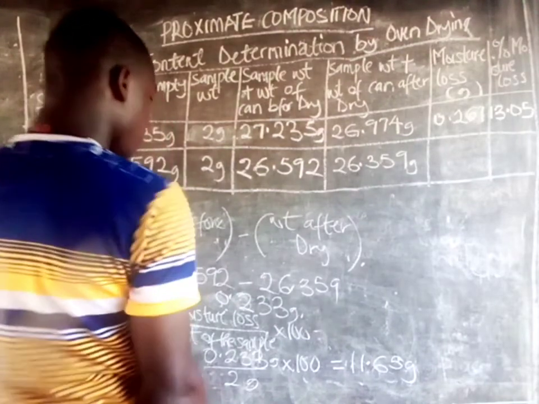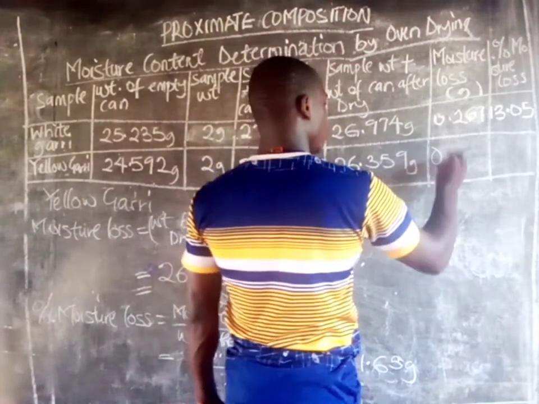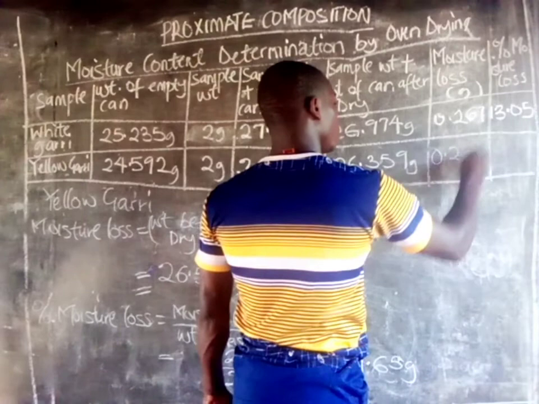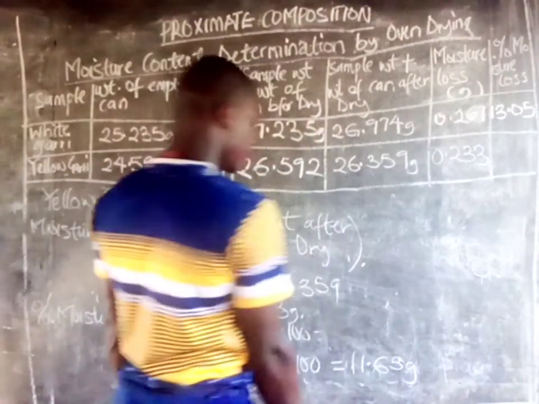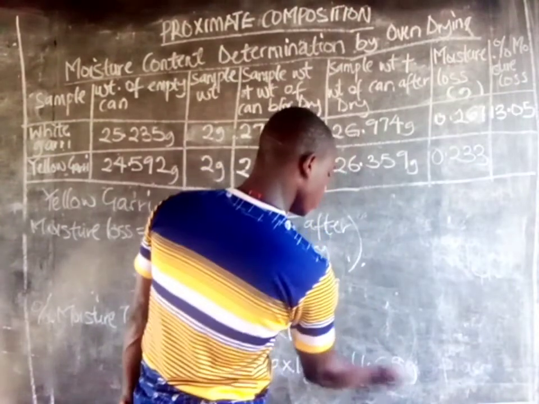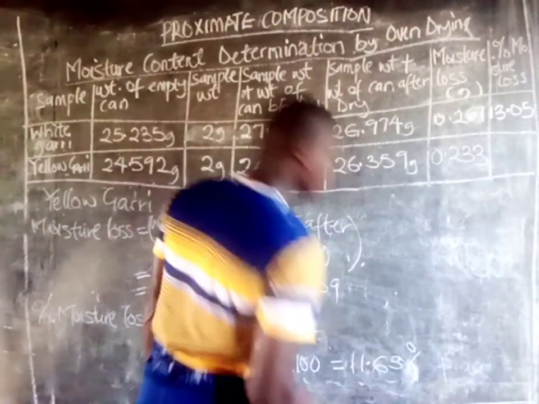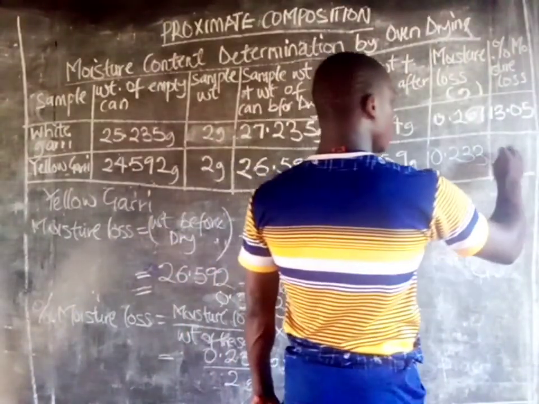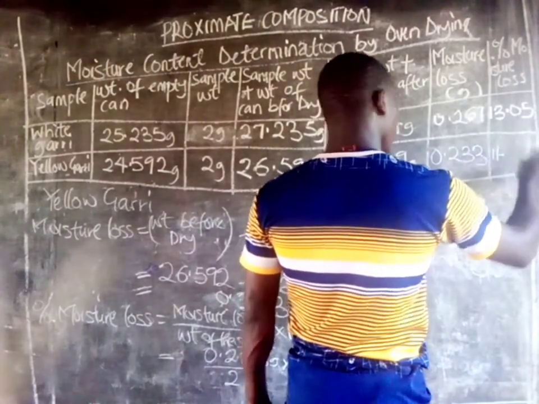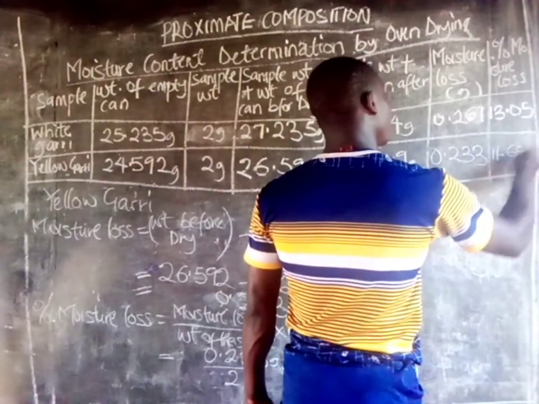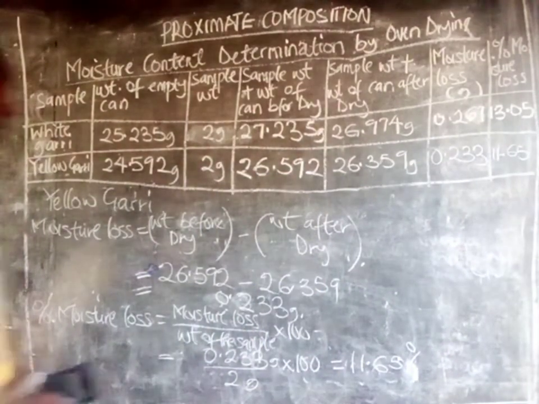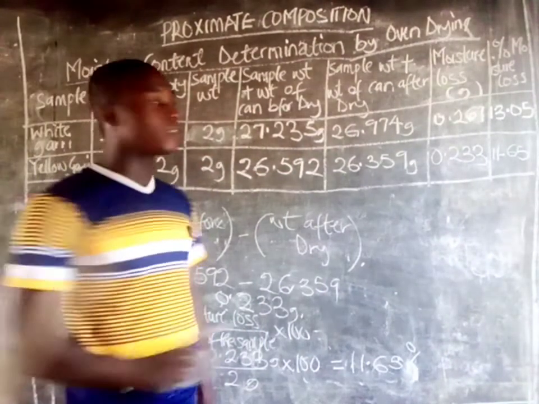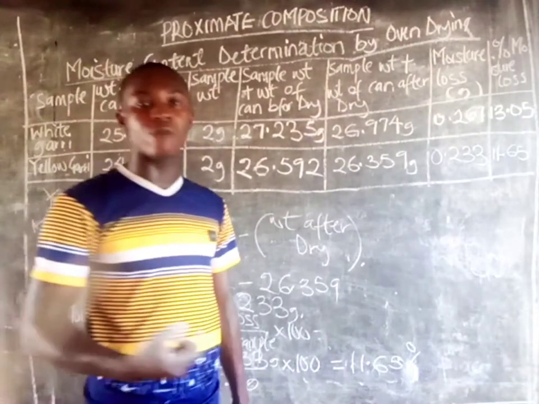And so the moisture loss was 0.233 gram, and then the percentage moisture loss is 11.65 percent.